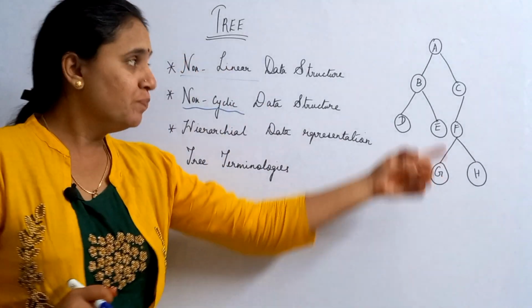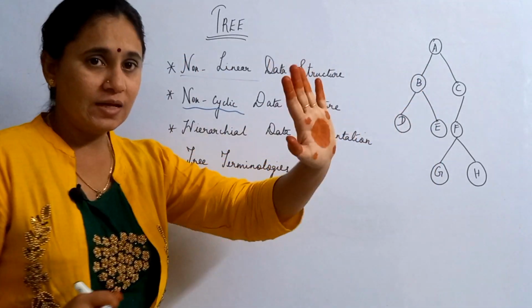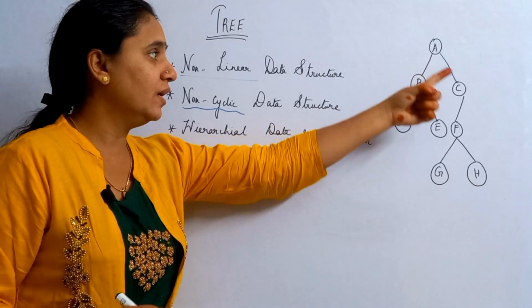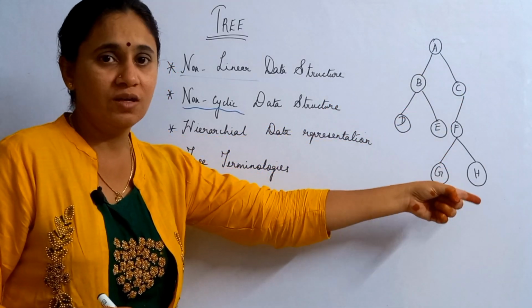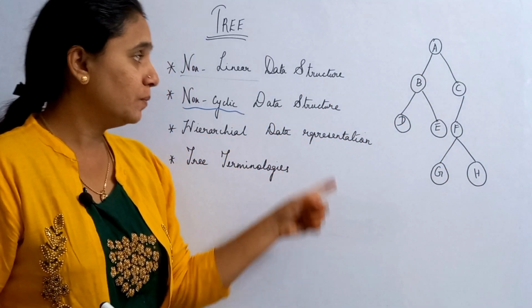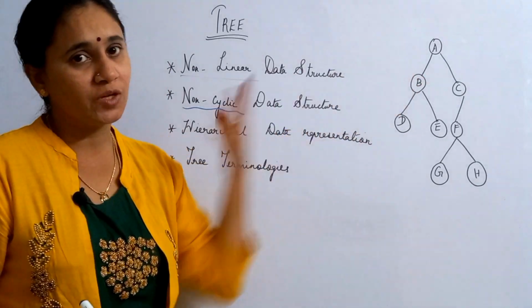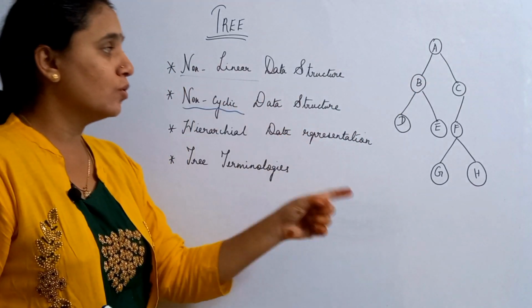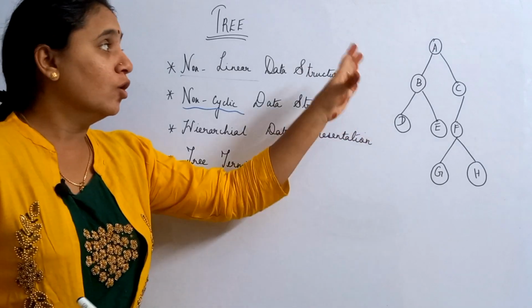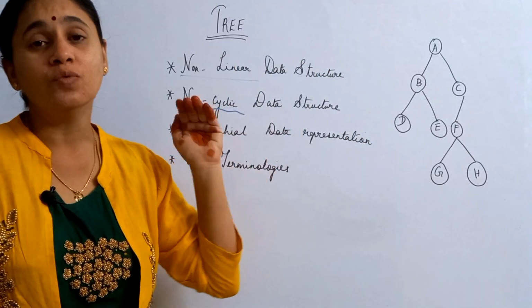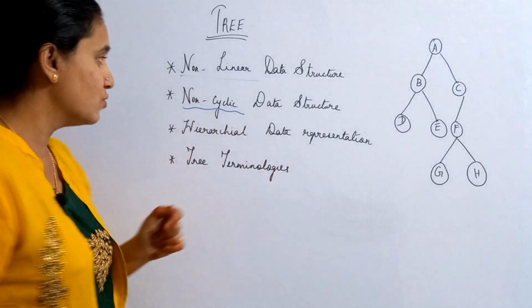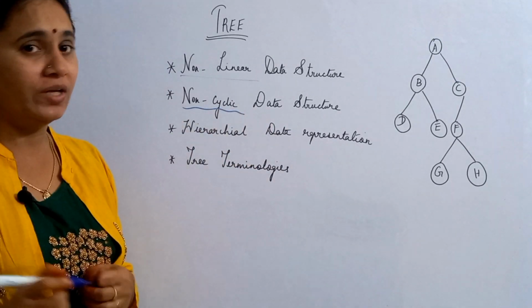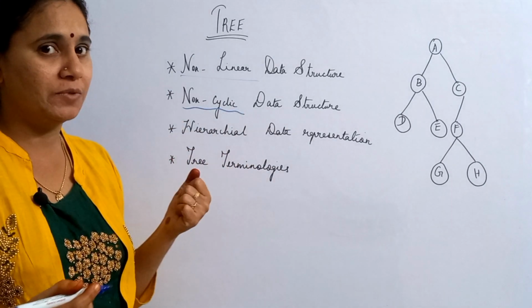But in a tree, if you just watch, for example, if I start from A, C, F, G, H, is there any possibility of reaching A again? No, there is no possibility, isn't it? So it forms a non-cyclic data structure for storing the data. Okay, so this is another very important point they may ask in competitive examinations.